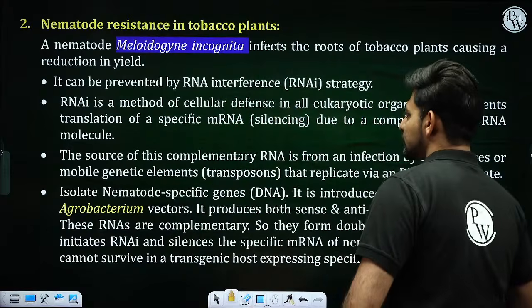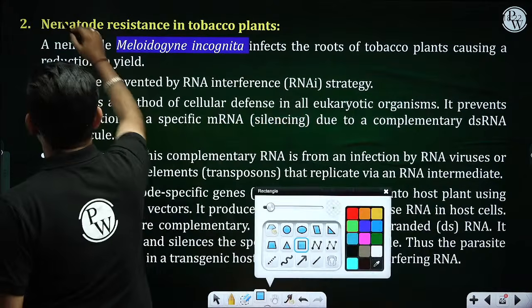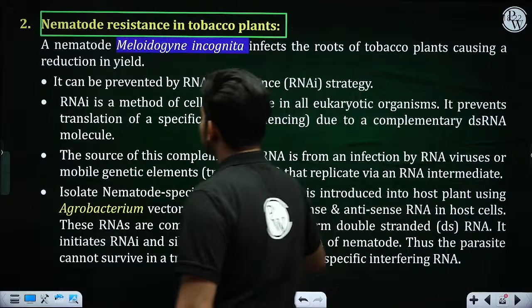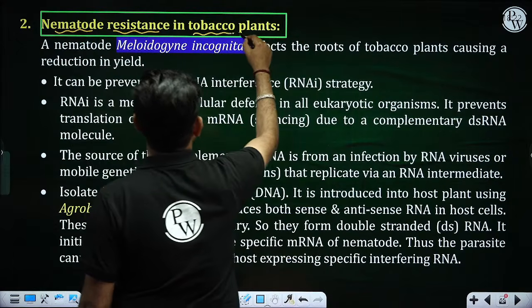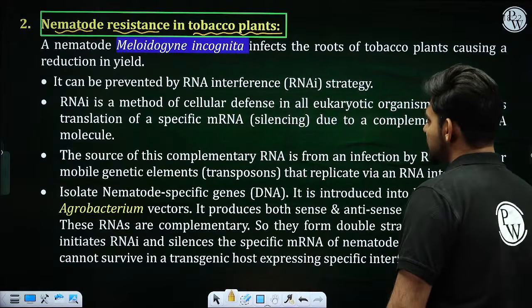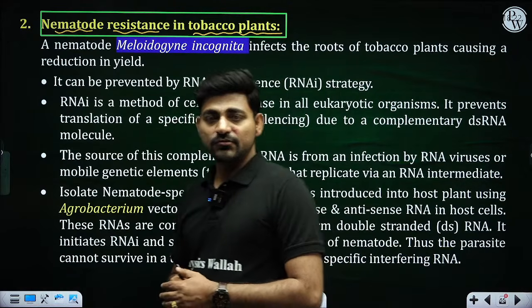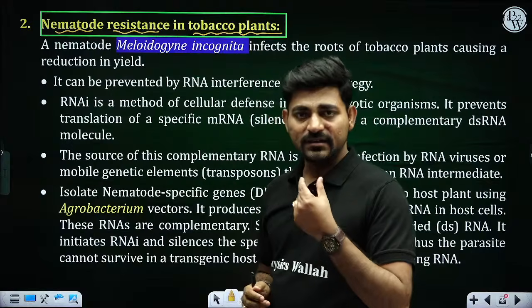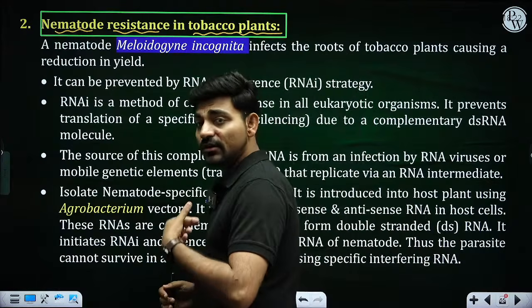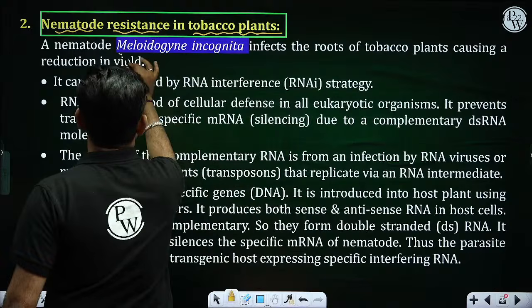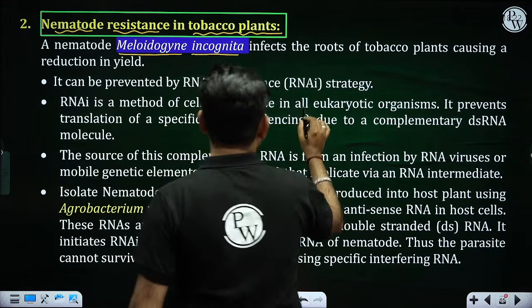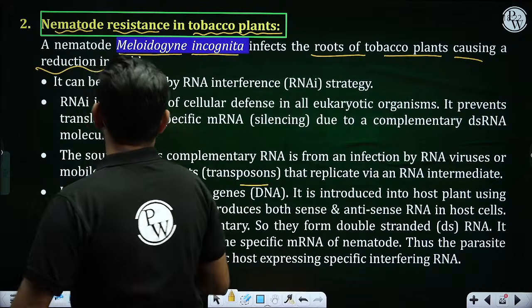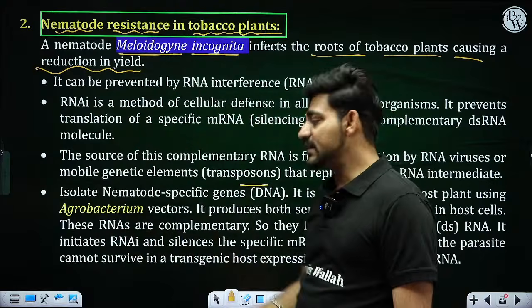Okay. Now another practical instance of application of biotechnology, nematode resistance in tobacco plant. Okay. So basically the roots of tobacco plants were getting destroyed by a special kind of aschelminth called Meloidogyne incognita that infects the roots of tobacco plants, causing reduction in yield, and the disease is called root knot disease.